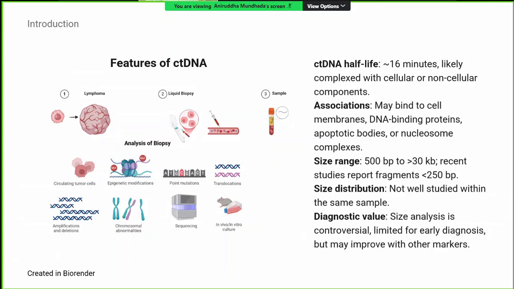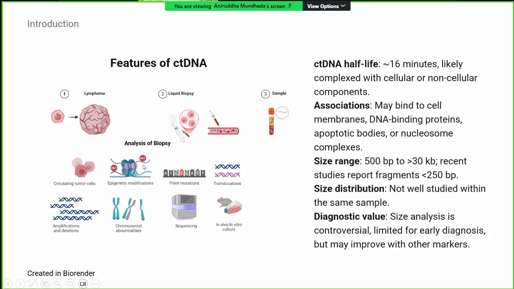In solid tumors, it is different as compared to lymphomas. The diagnostic value of this fragment length analysis is still controversial, and it has not been shown to be useful right now.